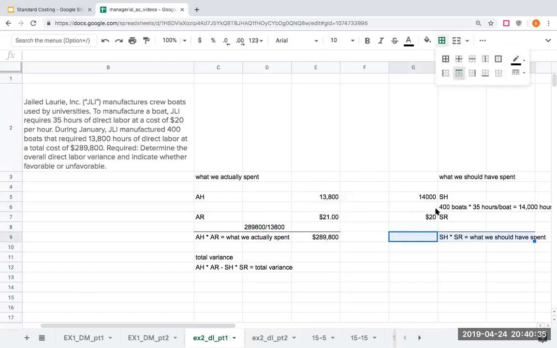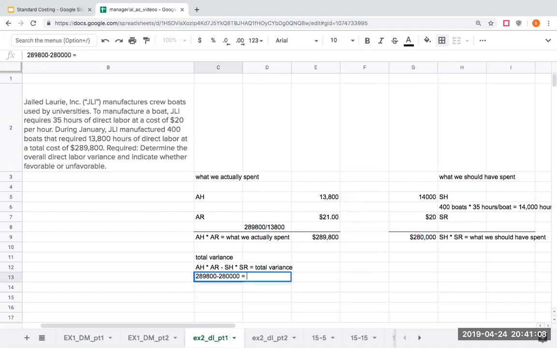So when I take the standard hours times the standard rate, I come up with a total of $280,000. To make 400 boats, I should have spent $280,000, but instead I spent more. I spent $289,800. So my total variance is $289,800, which is my actual hours times my actual rate, minus $280,000, which is what I should have spent.